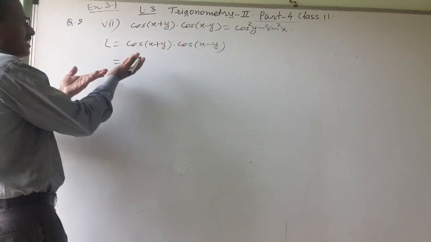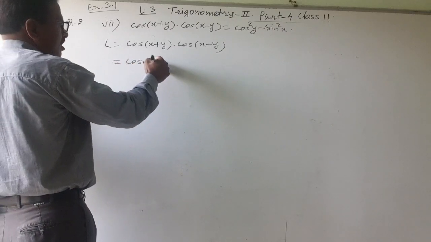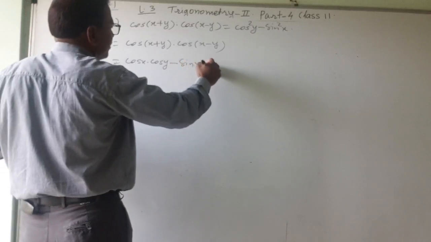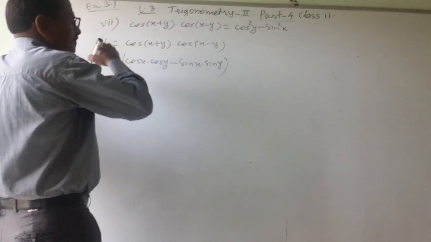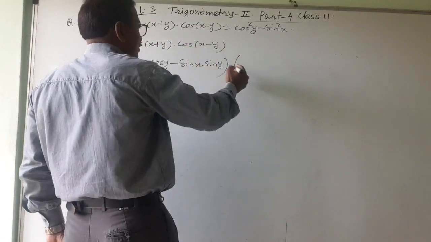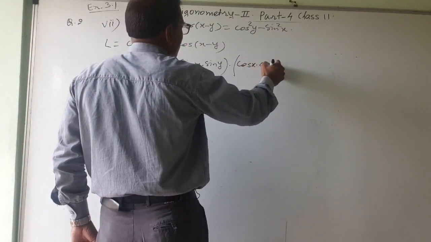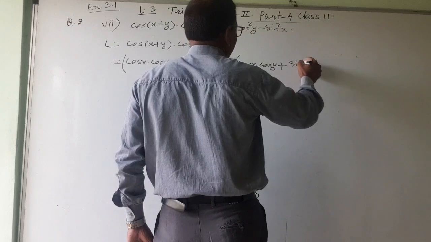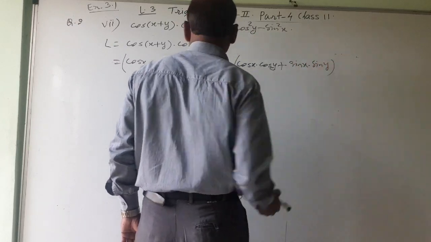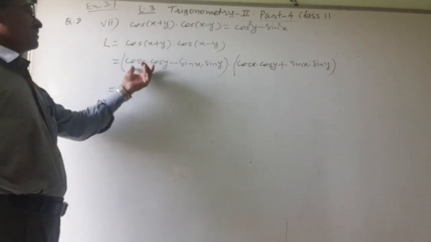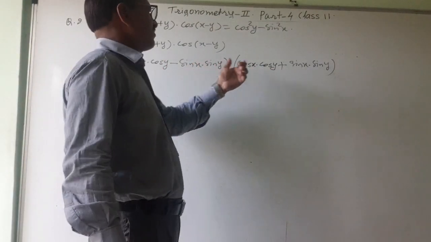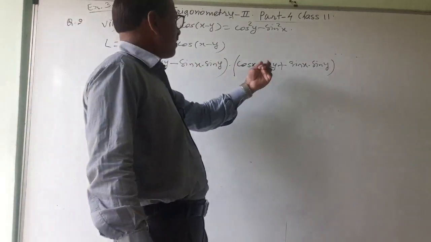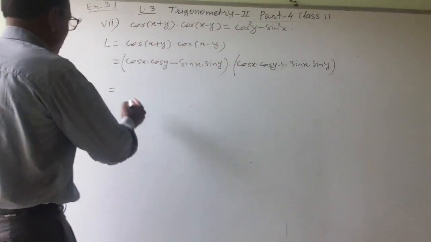I will expand this: cos x into cos y, if it is plus, it will become minus sin x into sin y, into cos x into cos y, if it is minus, it will become plus sin x into sin y.